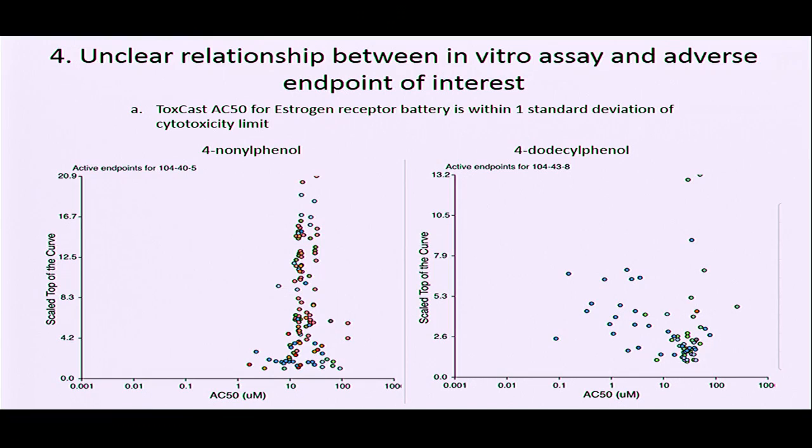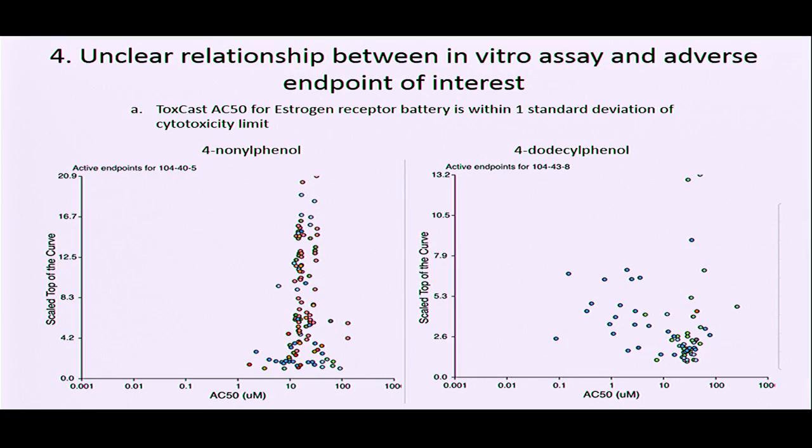So contrast this with endogenous estrogens. Ethinyl estradiol has an AC50 in the picomolar range. So we're talking orders of magnitude away from the cytotoxicity limit, whereas we're right up against the limit in the case of the alkylphenols.